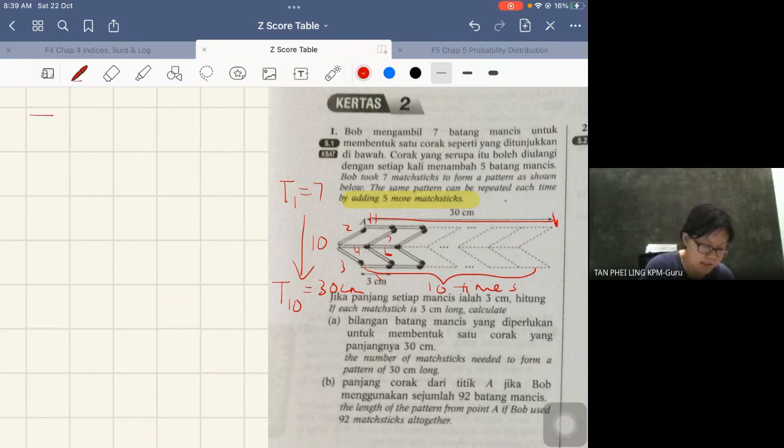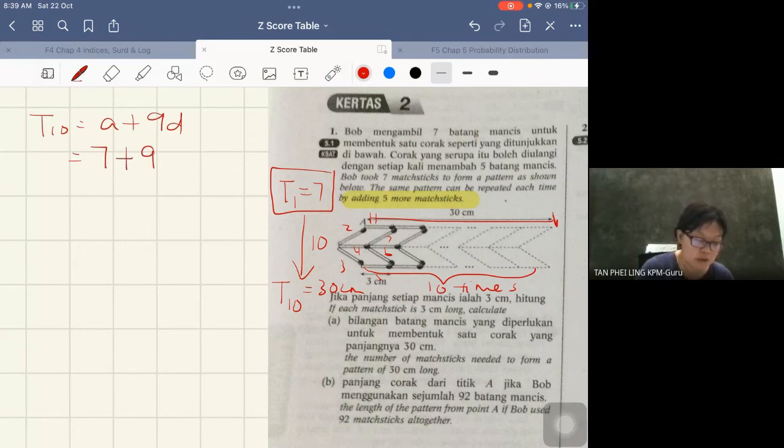Am I right? So now you put it into the T10 formula that you know. T10 will be A plus 9D. So what is your A here? Your first A will be 7 matchstick, right? And then you will have 9.